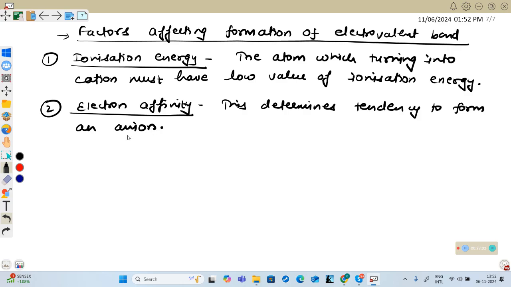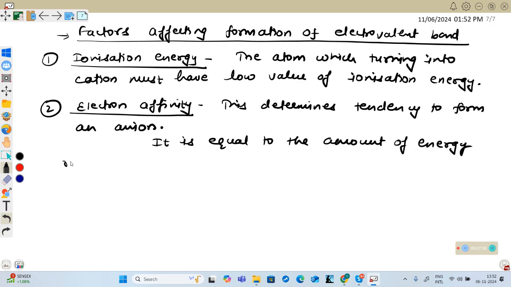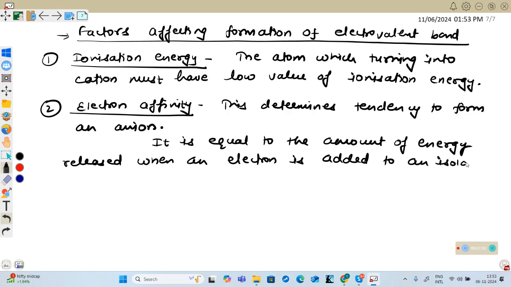If you want to write the definition, electron affinity is equal to the amount of energy released when an electron is added to an isolated gaseous atom.